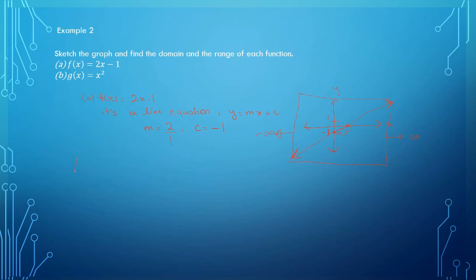So according to the domain, x is between minus infinity and infinity, i.e. an open interval, so we can write it as an open interval minus infinity and infinity, or we can write it as R, which is the set of all real numbers.